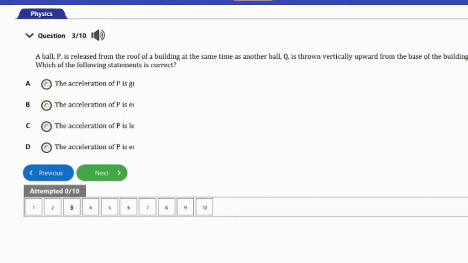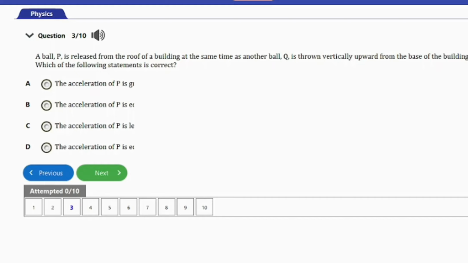So guys, the next question here says, a ball P is released from the roof of a building at the same time as another ball Q is thrown vertically upward from the base of the building. Which of the following statements is correct? A, the acceleration of P is greater than that of Q and both are in the same direction.